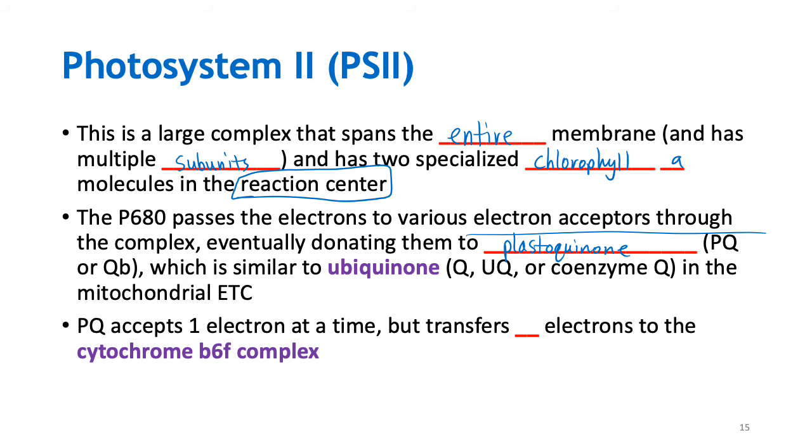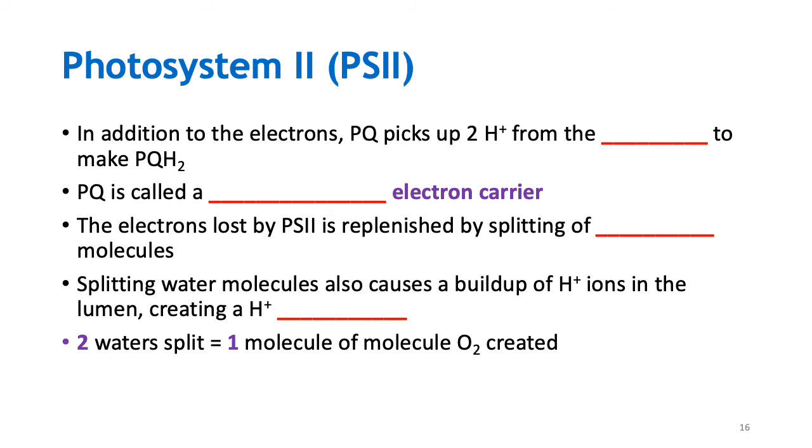And then PQ, as we call it for short, which is plastoquinone, it's the mobile electron carrier. It accepts one electron at a time, but transfers two electrons to the cytochrome B6F complex. In addition to the electrons, the plastoquinone picks up two protons from the stroma.